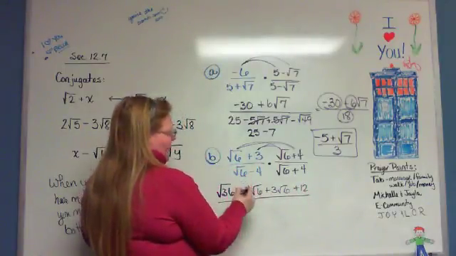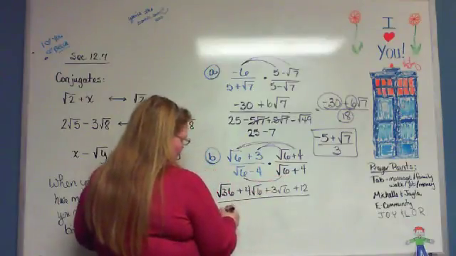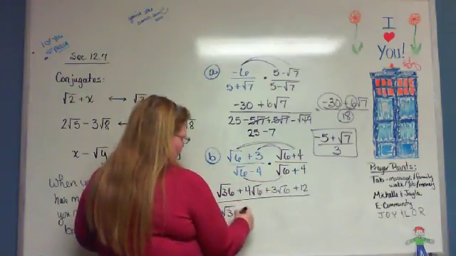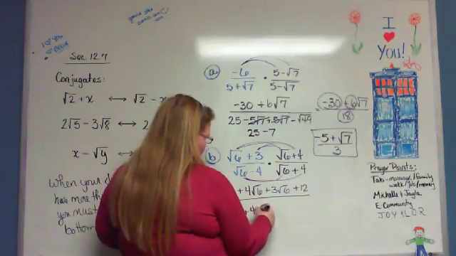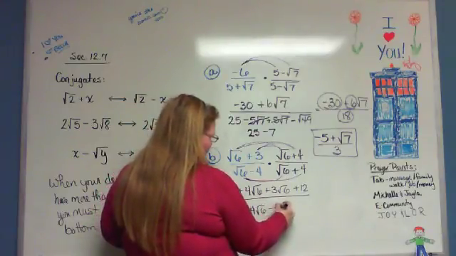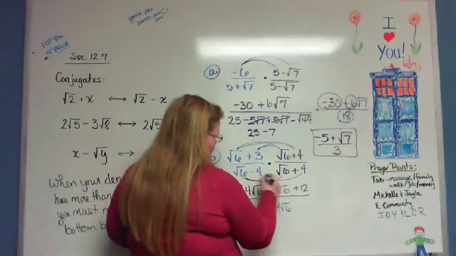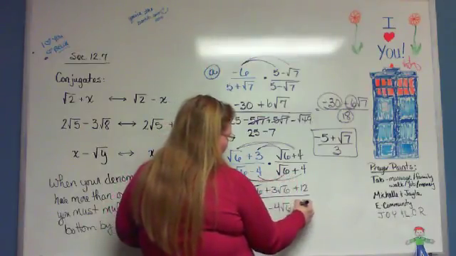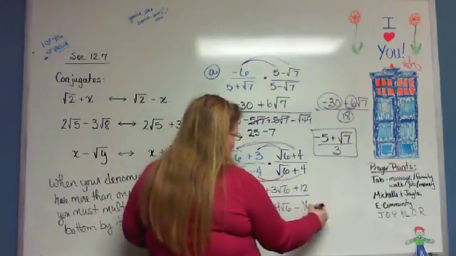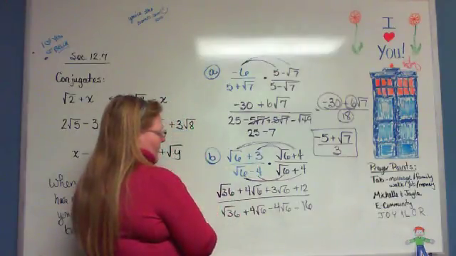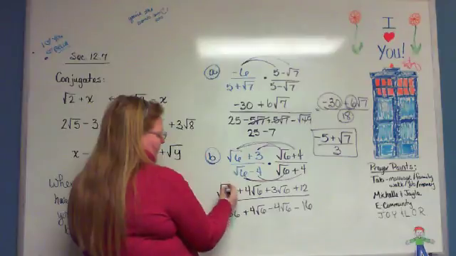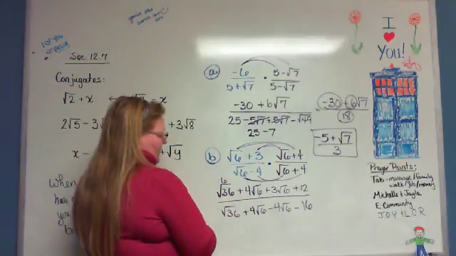over, down here, you get the square root of 36, plus 4 square roots of 6, minus 4 square roots of 6, minus 16. Now I can start reducing some stuff on top. Over here, I'm going to have a 6.